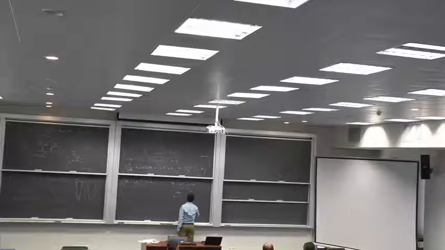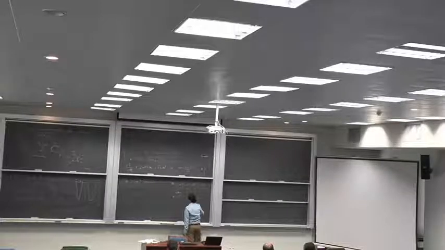The other possibility is what I've written over there, that m equals plus minus. 4b m square is minus 2A naught (T minus Tc).